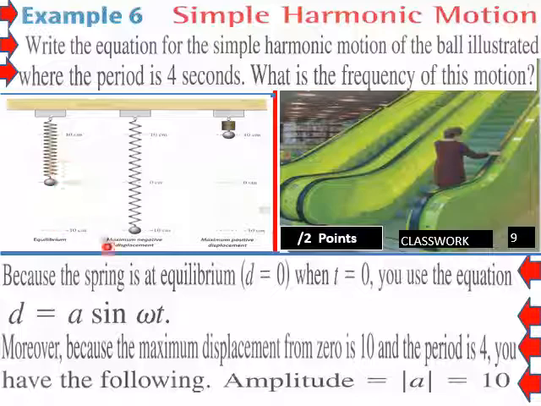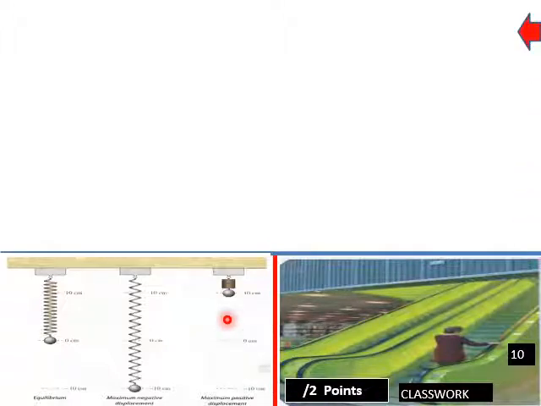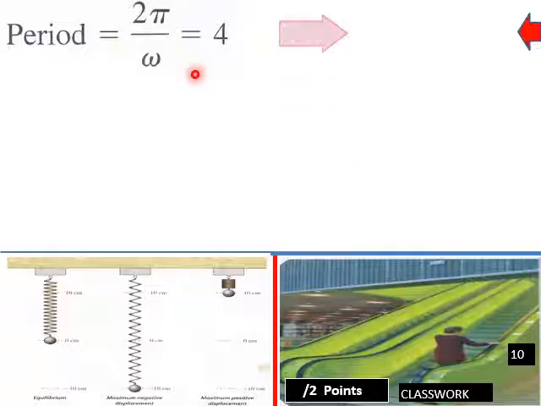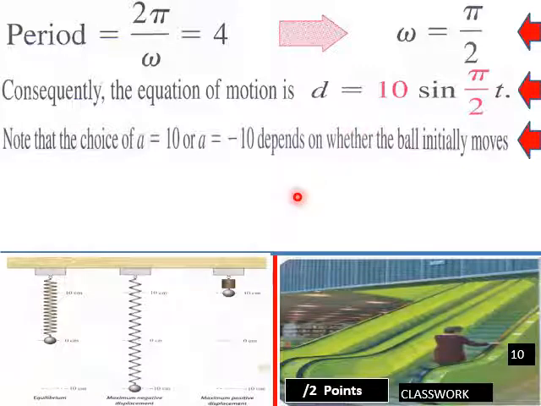So our net amplitude would be a distance of 10 units for that. So knowing that period would equal 2 pi over w equals 4, we know this value here, we know 2 pi. So to find w would equal pi over 2. So consequently, the equation of motion is d equals 10 sine pi over 2 t.